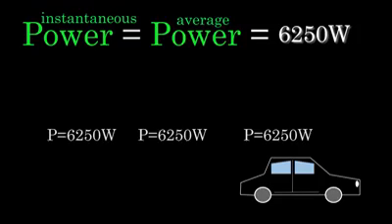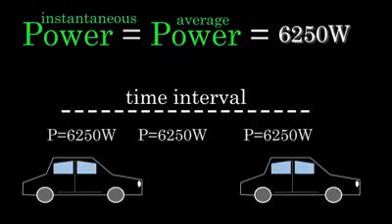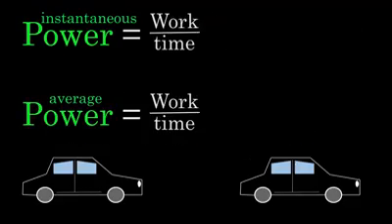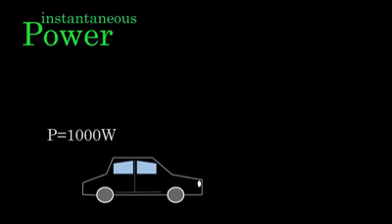In other words, the average power over any time interval is going to equal the instantaneous power at any moment. And that means work per time gives you both the average power and the instantaneous power in this case.